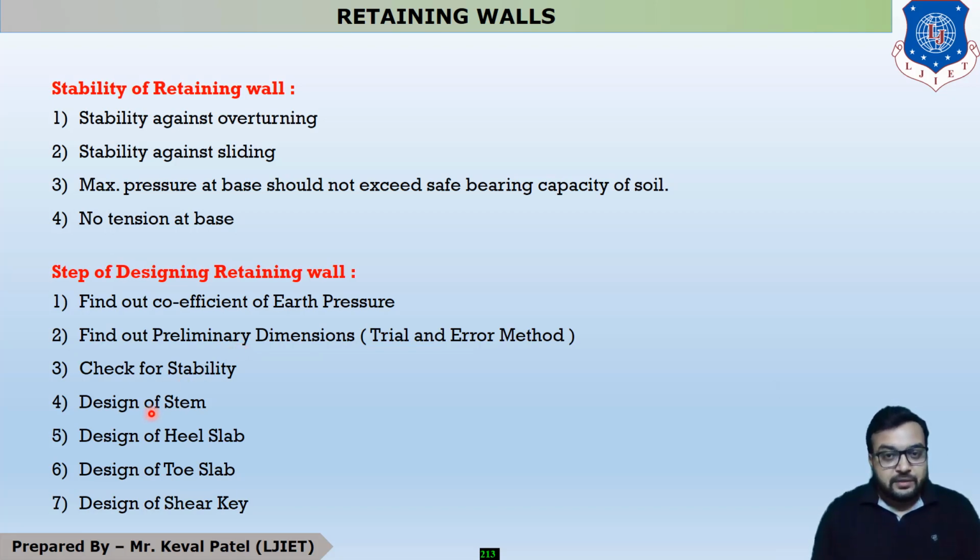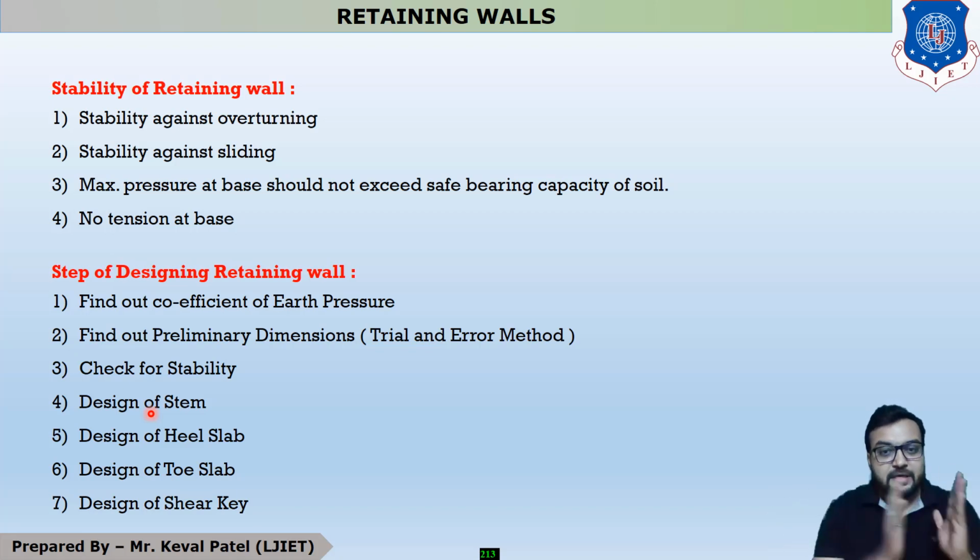Okay, after that we are discussing the design of the main components. So our step number 4 is design of stem. Our stem is the vertical portion. Our next step is design of heel slab. Our heel portion is on the backfill side.